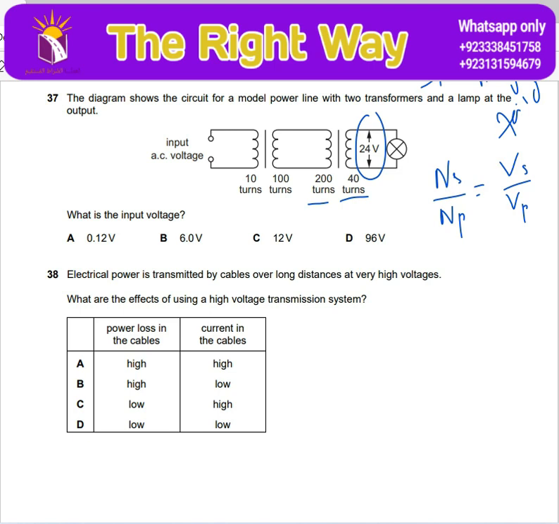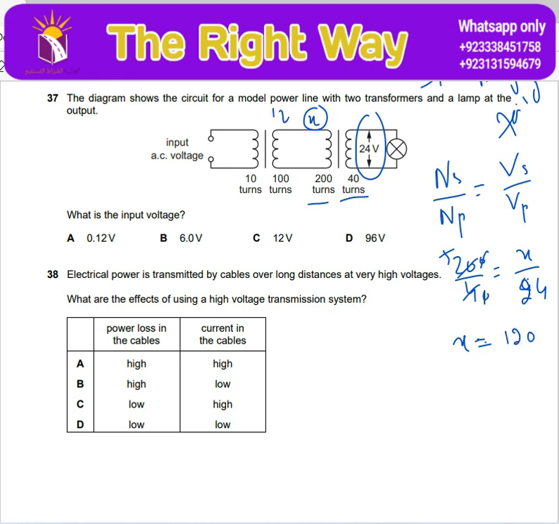So for this relation, 200 divided by 40 is equal to x divided by 24. Here x would be the voltage, and from this relation x is equal to 5 times 24, which is 120 volts.